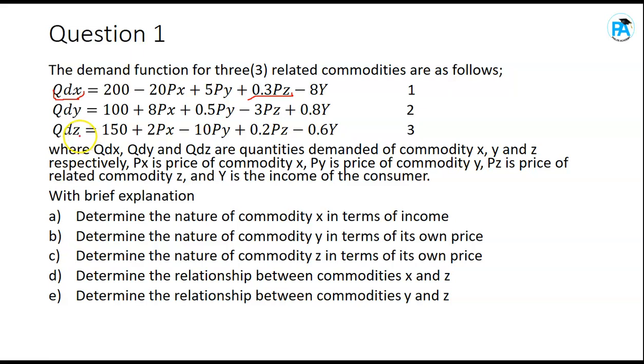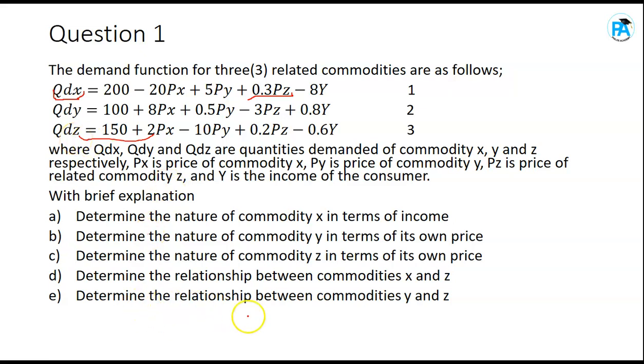So it's confirmed that your answer is correct. It was positive here, it's still positive here. You can use either of them to check it. So they are substitutes. Is that clear? So let's go to question E.